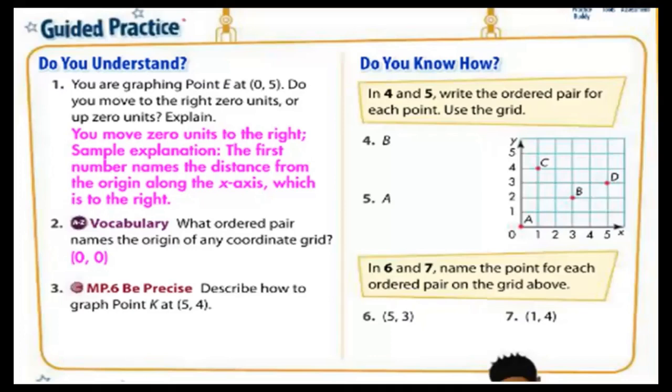Then you will represent the value of the y coordinate, which equals 4. So you are going to count from 0 up 4 units. 1, 2, 3, 4. And the intersection of the grid between the two values will be what he asked for. Let's see the answer.